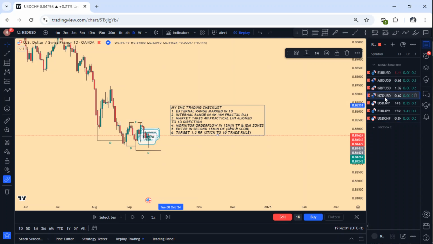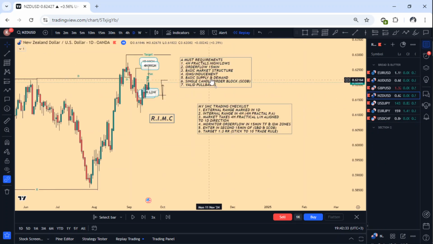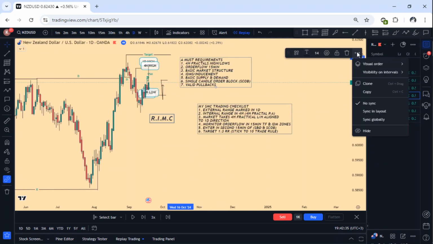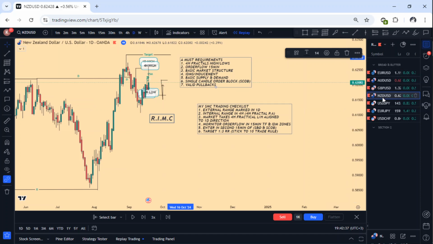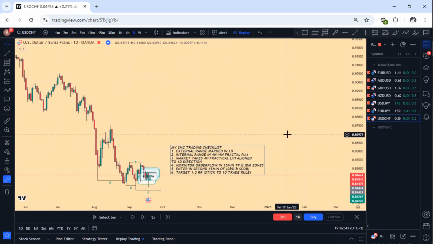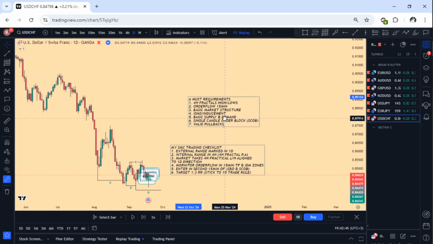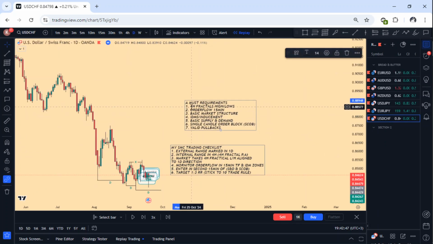What are the things you need to know if you are watching this for the first time? If you are not, then you know the kind of things you need to understand. You must know 4 hours fractals, highs and lows, order flow, market structure, inducement, supply and demand, single candle order block, and valid pullbacks.